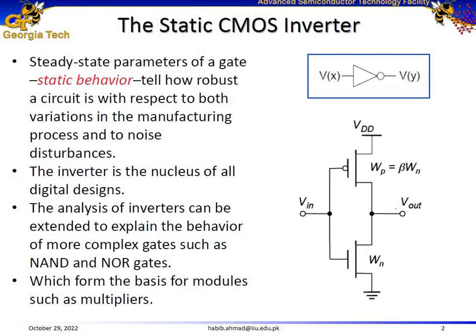Let's go back to slide number 2 and just assume we have a capacitor connected at Vout between Vout and ground. So if the input is low, what happens? Which of the two transistors is conducting?